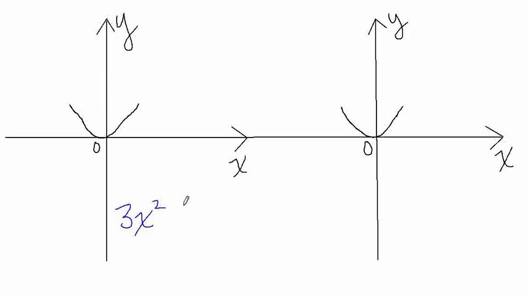3x squared. If you compared the tables of values, you would notice that the y values for 3x squared are all 3 times bigger than the corresponding original values. That would have the effect of stretching the graph in the vertical direction.